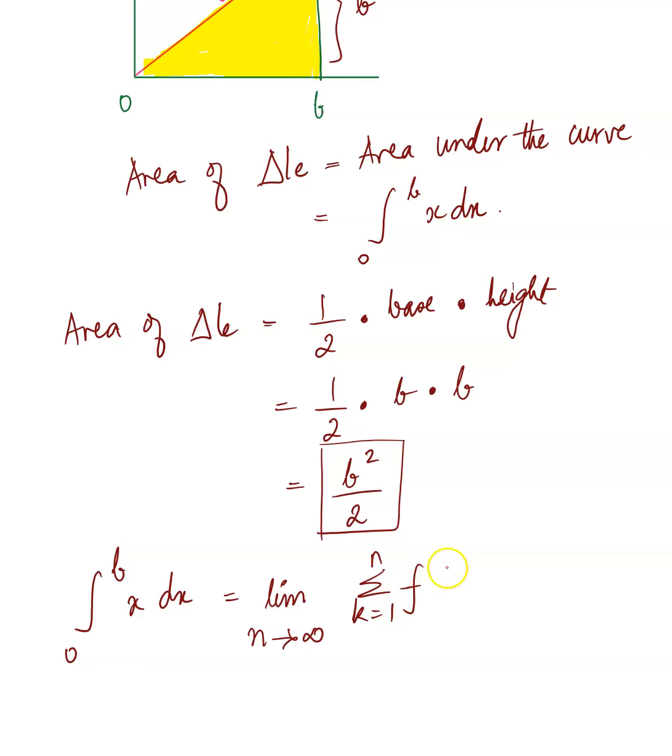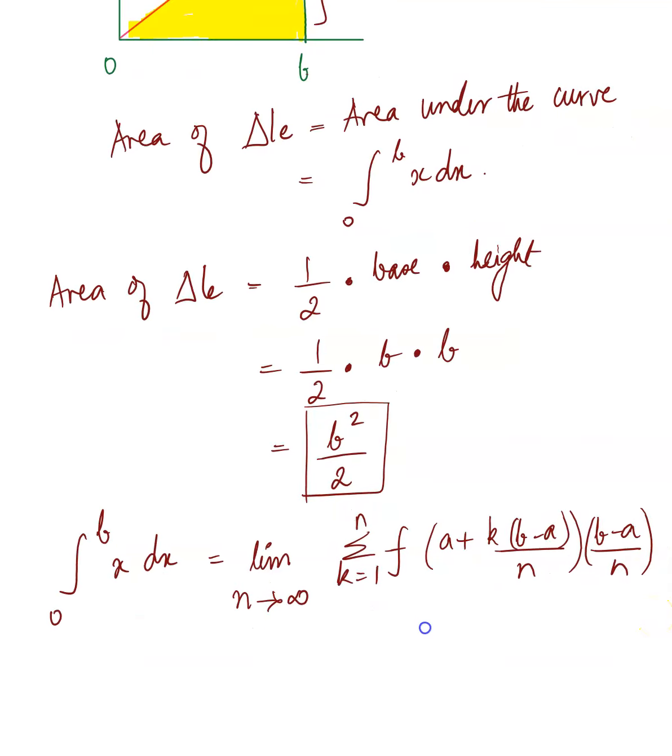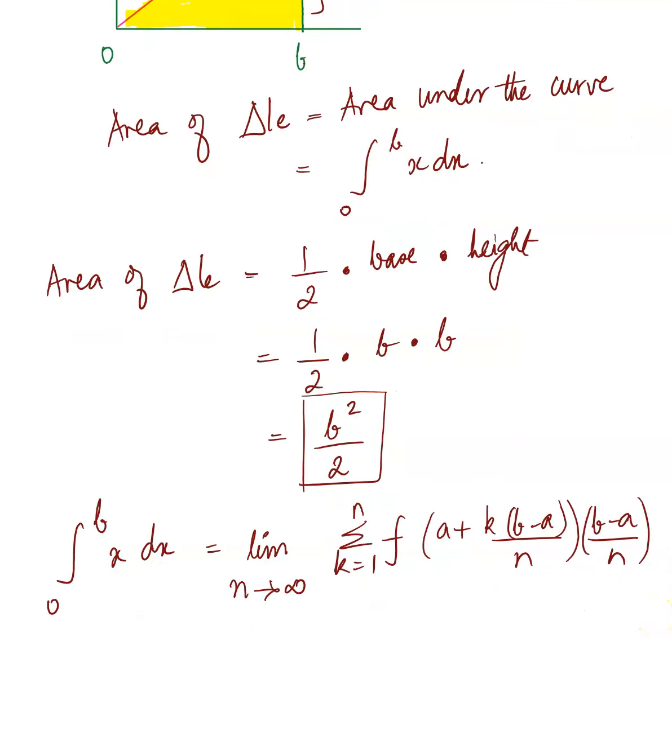And if you recall, we said a plus k times (b minus a) over n times (b minus a) over n. Remember that expanded one? This is coming in very handy because in this case I'm using the right-hand points method. Doesn't matter what method we use because we're just using the a, the k, and the b.